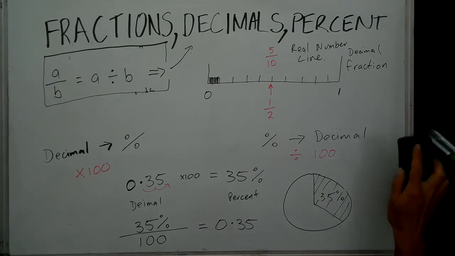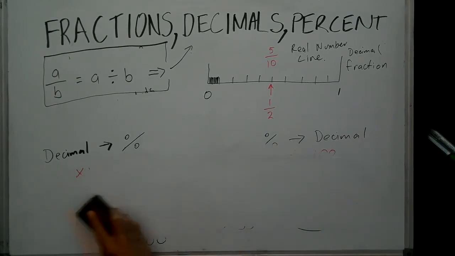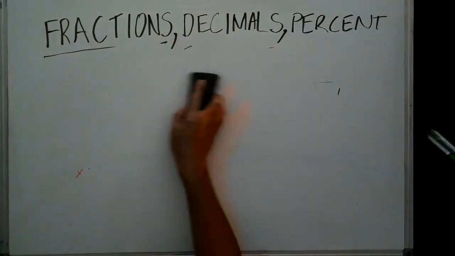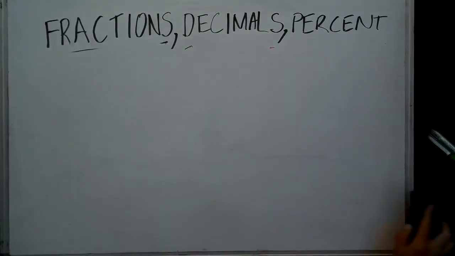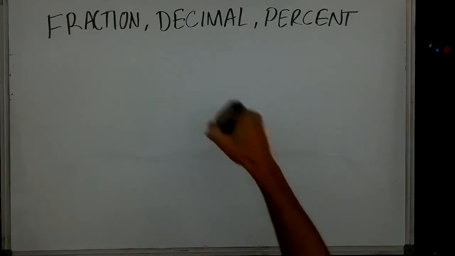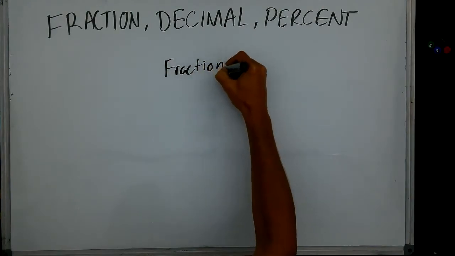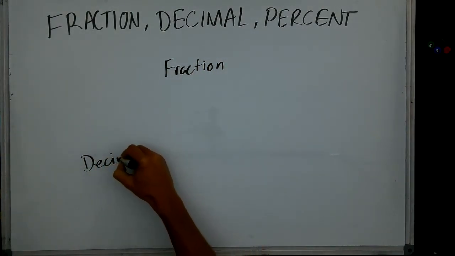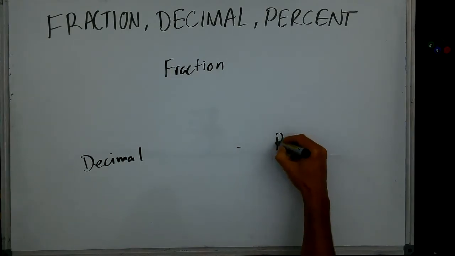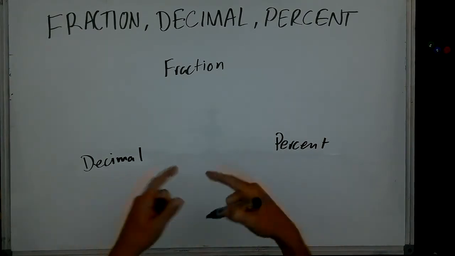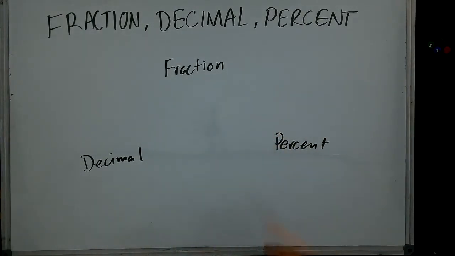Okay, so I'm just going to very quickly have a recap of how to convert between these 3 different ways to represent proportions. Okay, so it is possible to convert from each of these to each of these, but just sort of go over the ones that we're going to need.